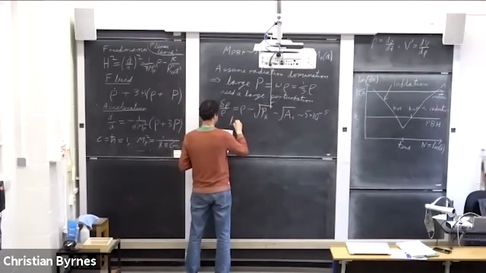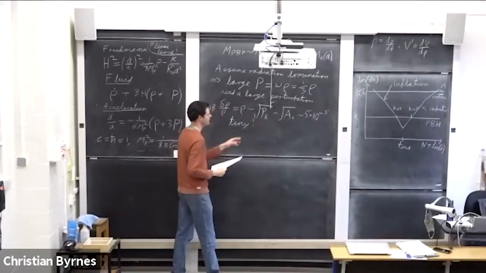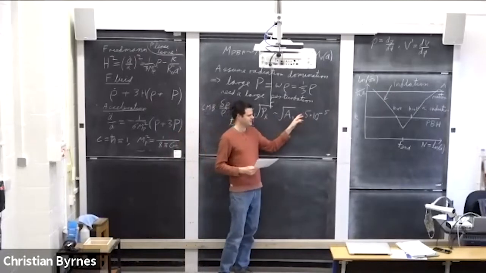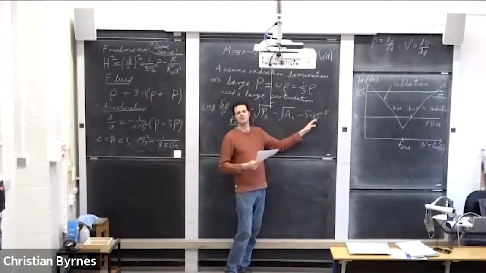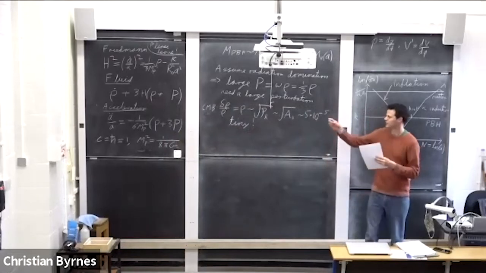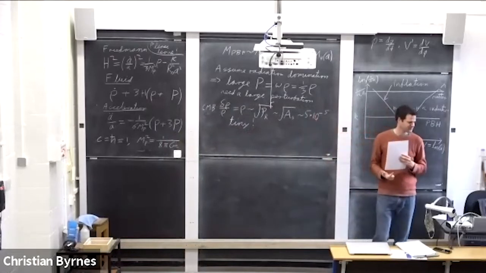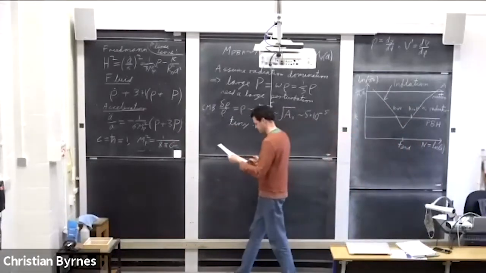This is really tiny. If an over-density is of order 10 to the minus 4, say, it's going to take a very long time for collapse to happen, but the radiation pressure, in fact, is going to win. We need something much, much larger.